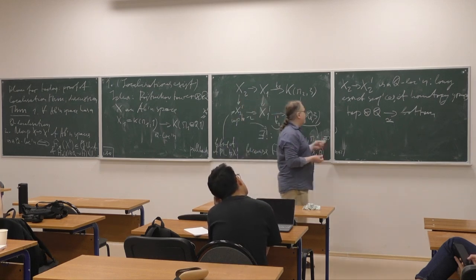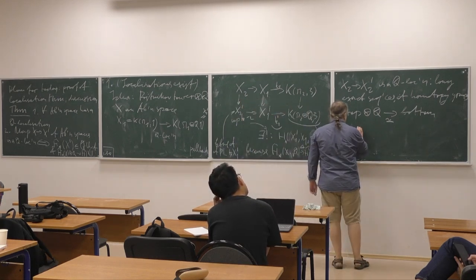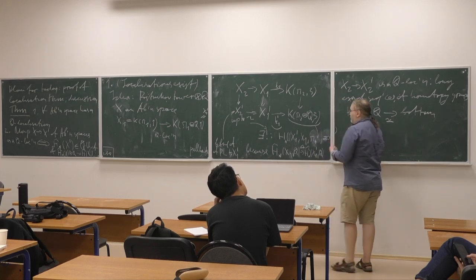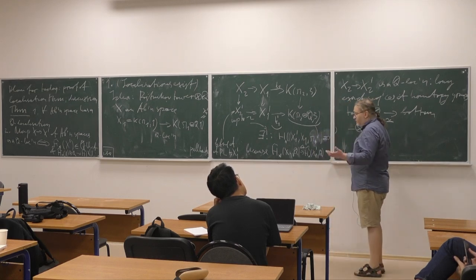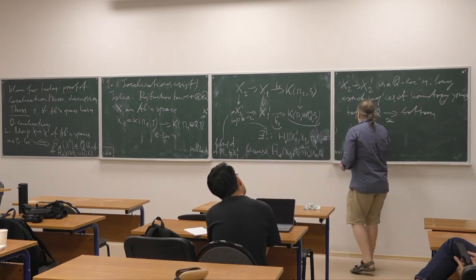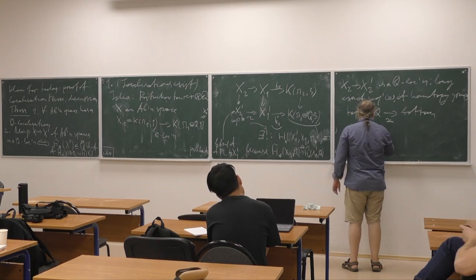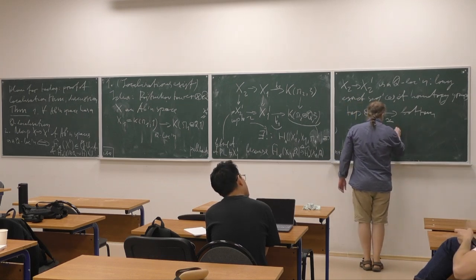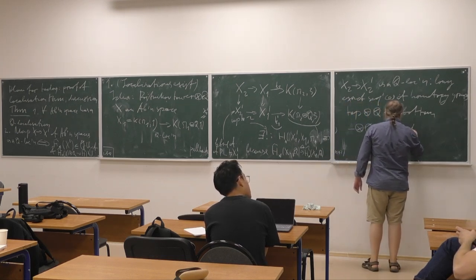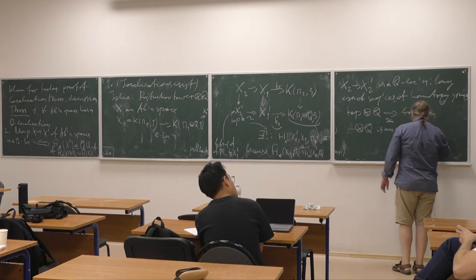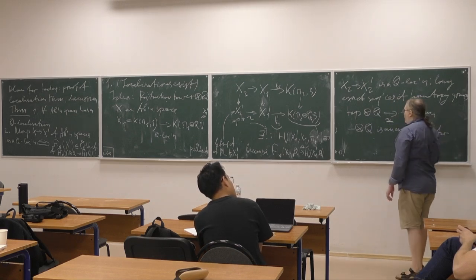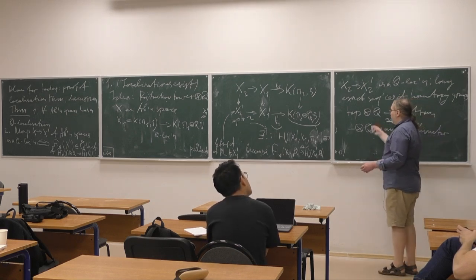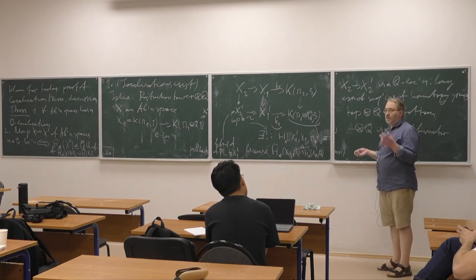And the map from the top row to the bottom row is not an isomorphism, but it becomes one after tensoring the top row by Q.